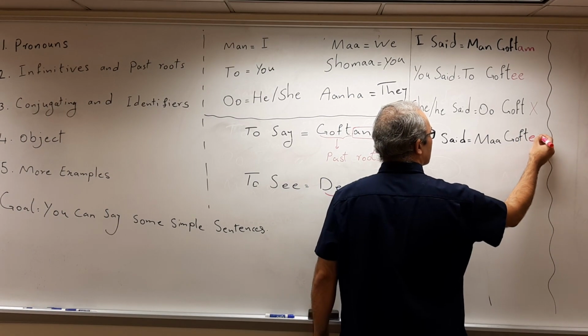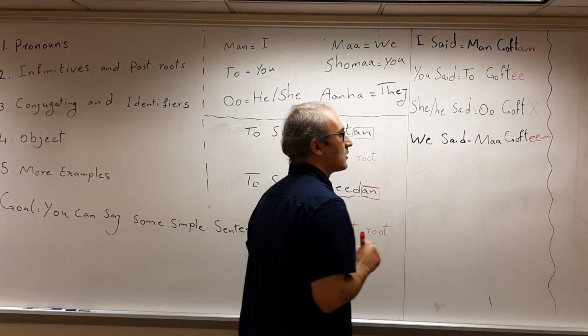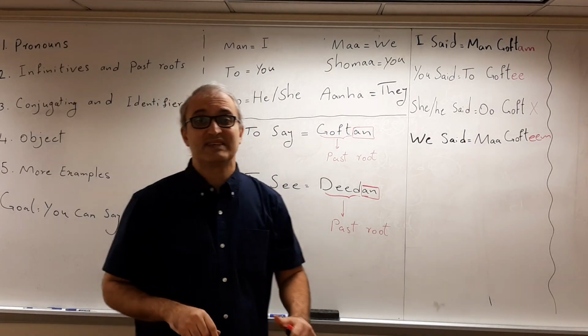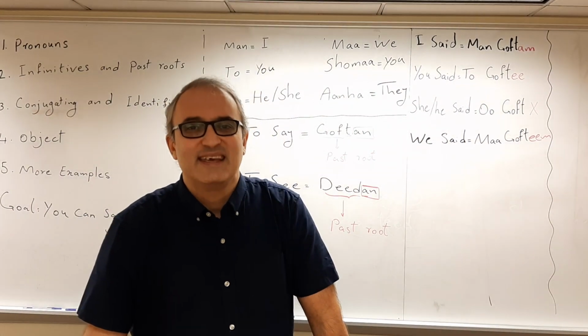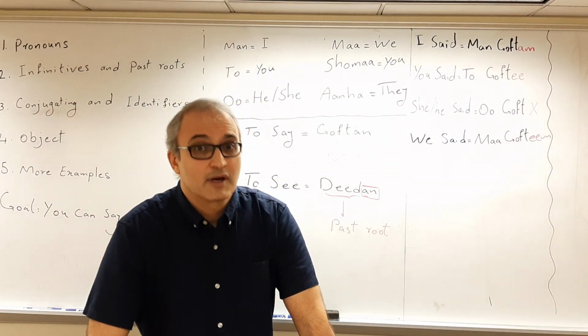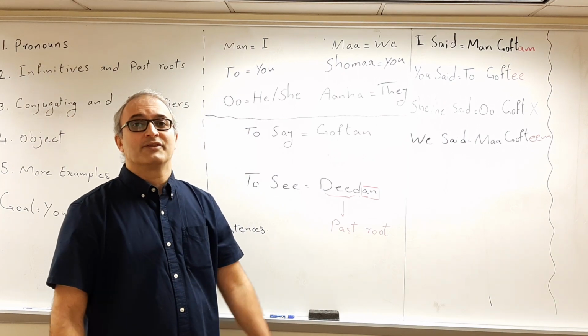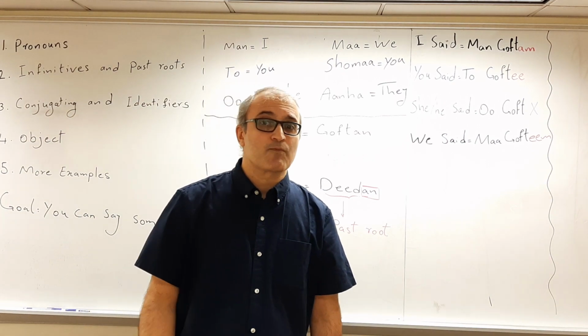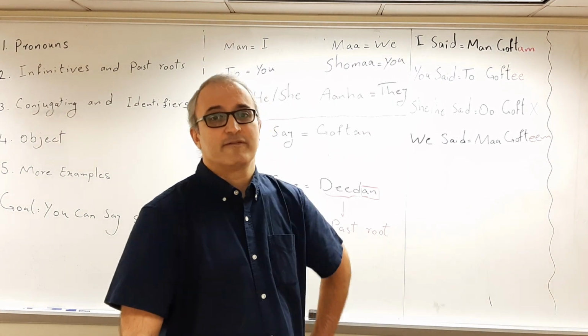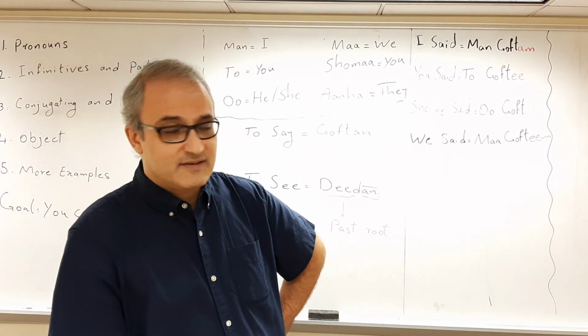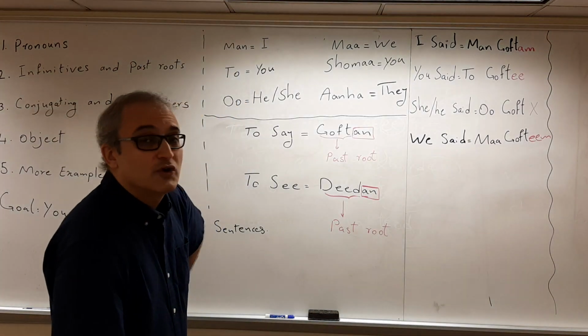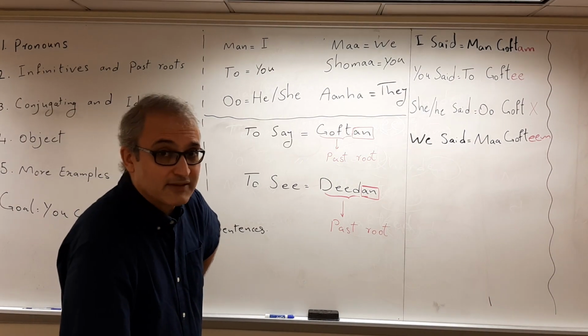Guftim. Ma guftim. Im is the identifier, ma is the pronoun, and guft is the past root of the infinitive. Ma guftim, we said. Okay?